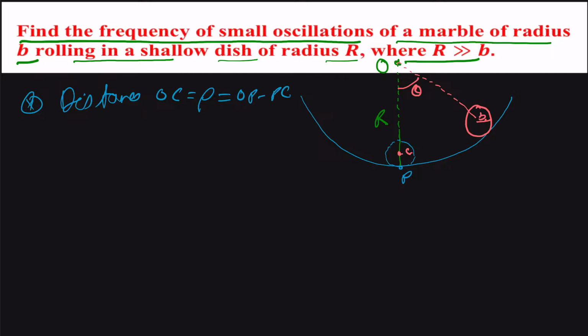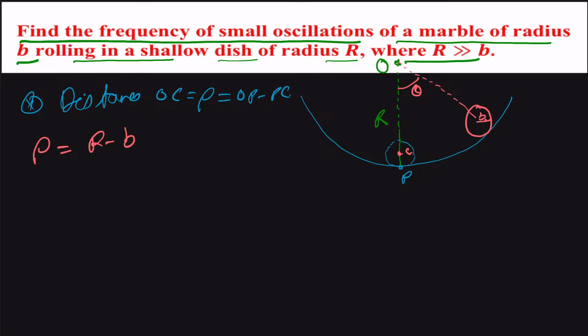So we get rho is equal to R minus B. Okay. And here we have to keep in mind that R is much larger than B.